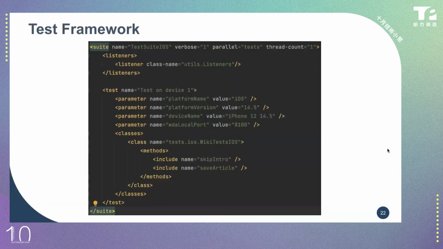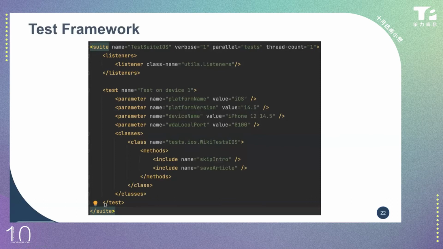So this is how a test suite in TestNG would look like. You can see here it has a name. It has some definitions here on what would run parallel and how many threads it should have. It can define your class that is responsible to be the listener. And then the most interesting part, you have your actual test definition.